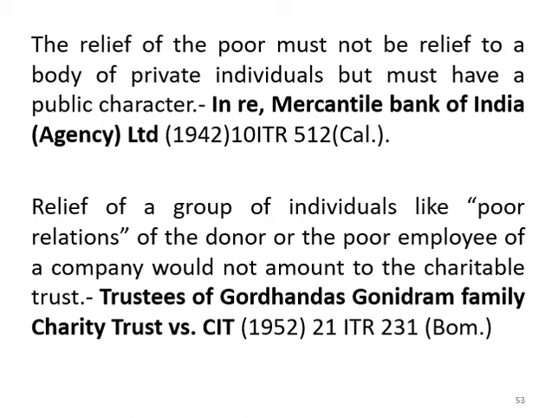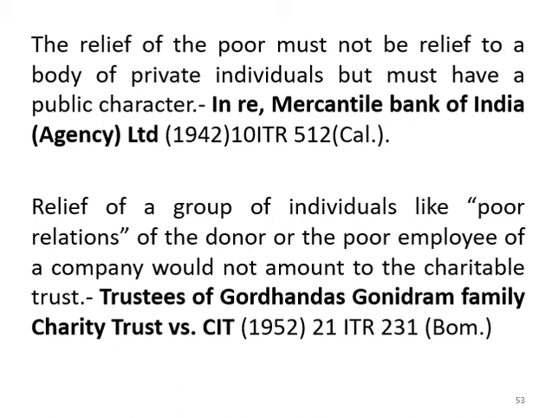The relief of a group of individuals like poor relations of the donor, or poor employees of a company, would not amount to a charitable trust. Even in the Oppenheim case, we have seen that the number of beneficiaries was more than 110,000, but still the court held that that was not a charitable trust.